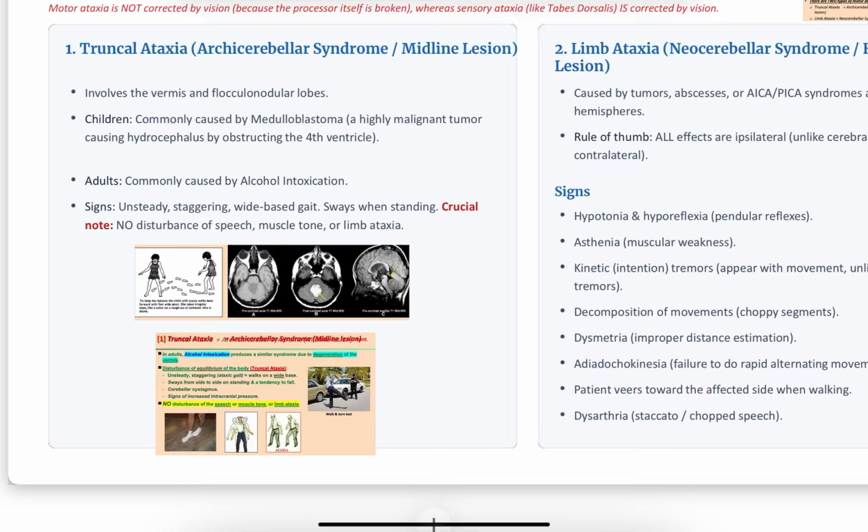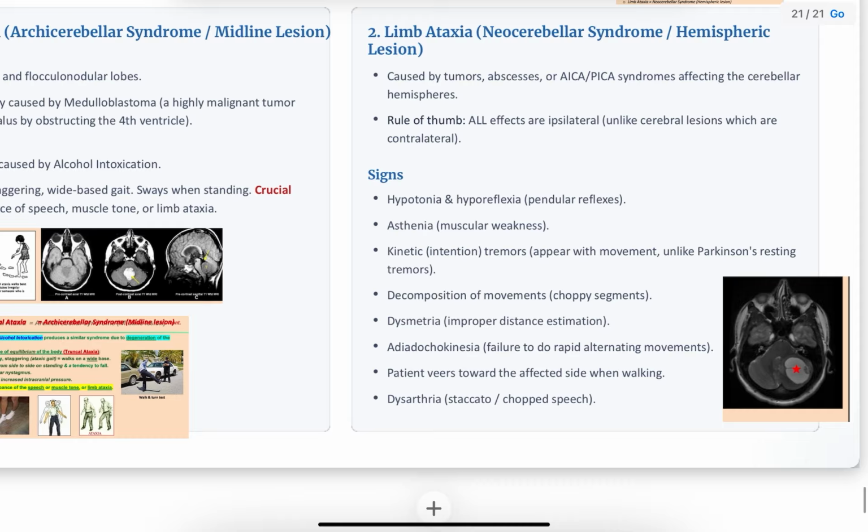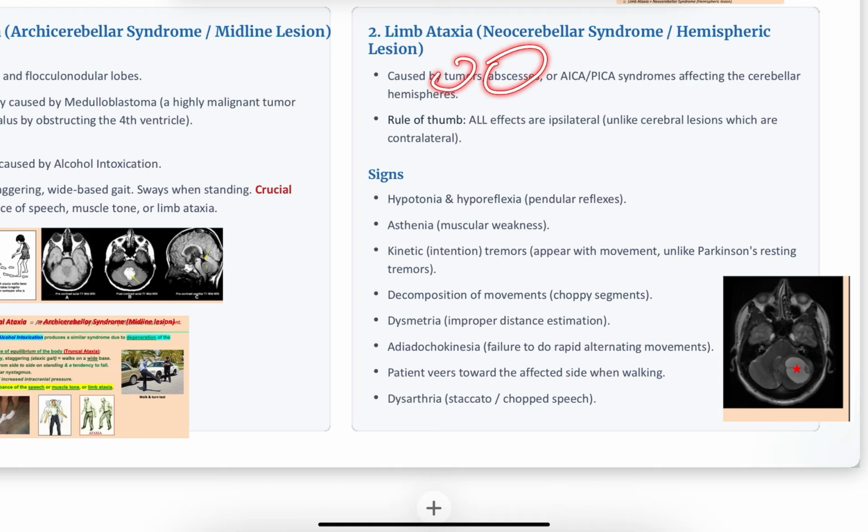An important note here is that there is no disturbance of speech, or the muscle tone, or limb ataxia in this truncal syndrome. So this won't happen here in this case. The second one, which is called the limb ataxia or neocerebellar or hemispheric lesion, can be caused by what? By tumor, abscess, AICA and PICA syndrome, the arteries that we've talked about, which will affect the cerebellar hemispheres.